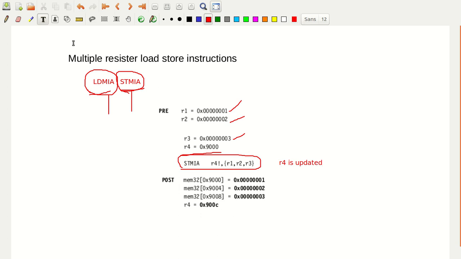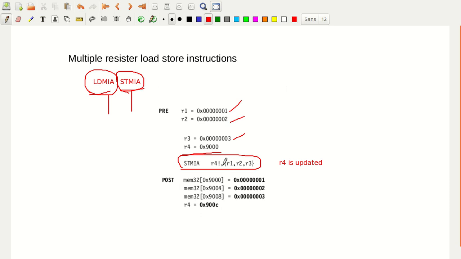As you can observe here, in the case of the thumb instruction set, there is no option to not put an exclamatory mark, where I don't want to update R4 but just want to increment the address and take the value. That option is not there in the thumb instruction set, whereas in the ARM instruction set you have that option, where you don't update the index, you just increment the index and take it.